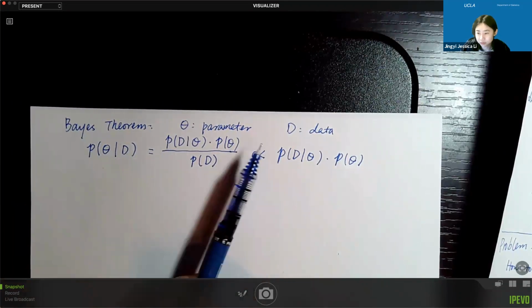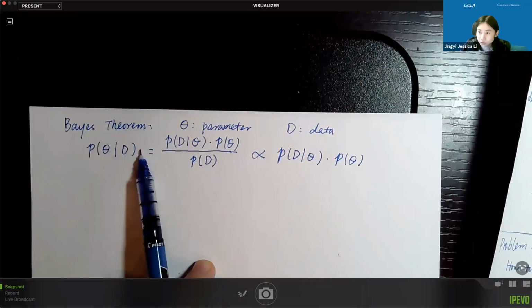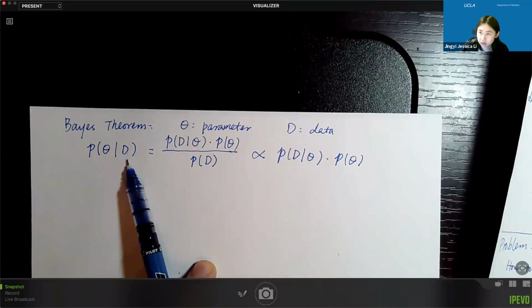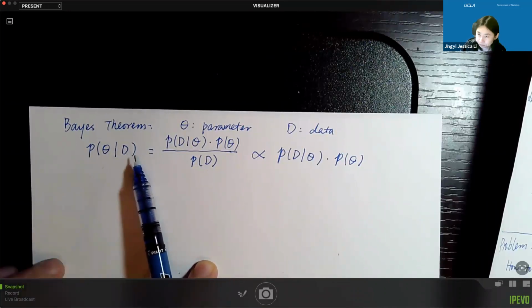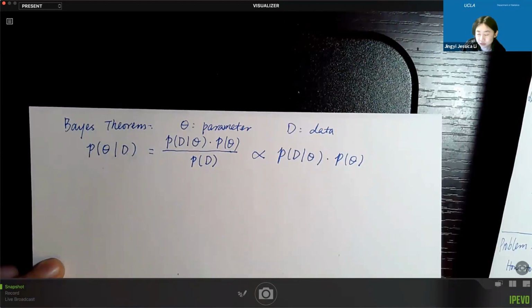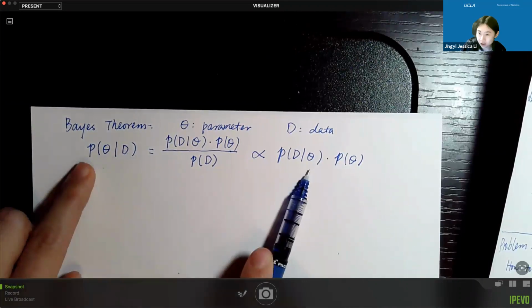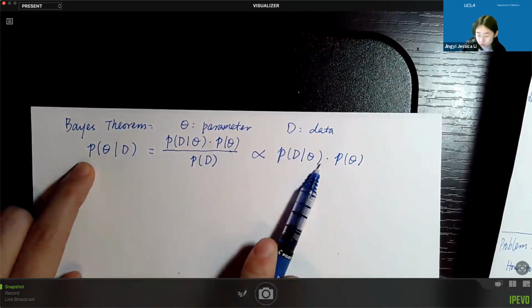For the distinction between probability mass and probability density, I will defer you to some background reading. If that's something new to you, please search for the distinction between probability and probability density to make sure you understand it. For now, we are not going to distinguish those two.